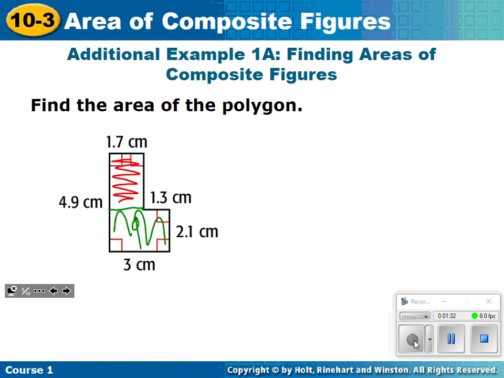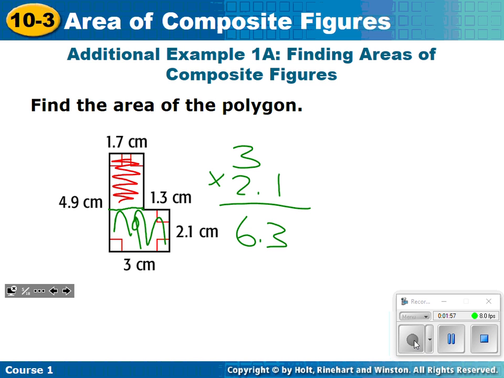What is the length of the rectangle in green? 3 times the width, 2.1. Can someone multiply those together for me? Or 6.3. You don't need a calculator. Great. 6.3. That's for that one.